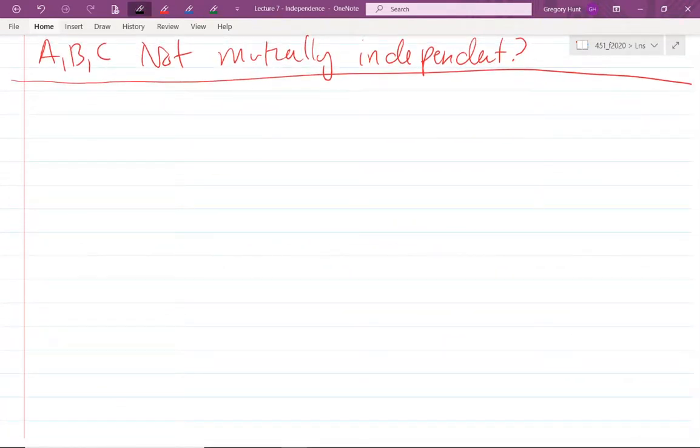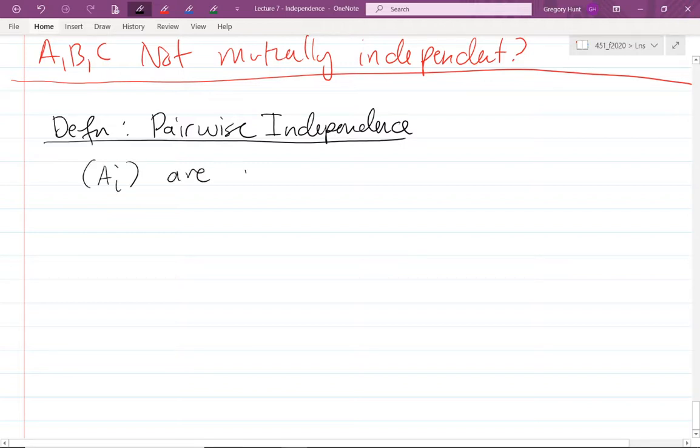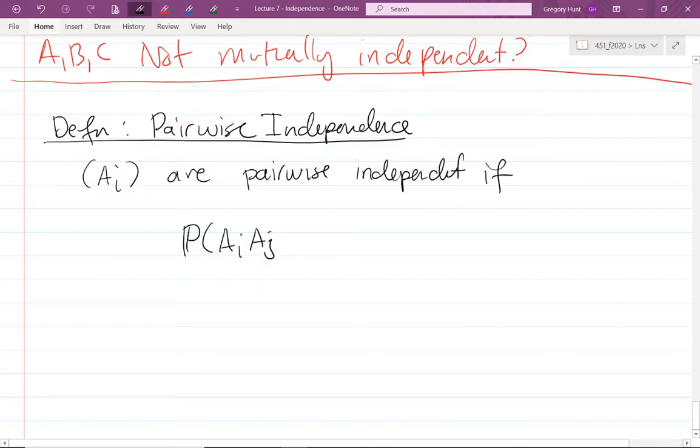There is kind of a watered down version, and that's really not used as much, but we can talk about it real quick. It's called Pairwise Independence. And pairwise independence of a set of events is what it sounds like it is, which is that we say some sequence A sub I are pairwise independent if our independence multiplication rule holds for all pairs.